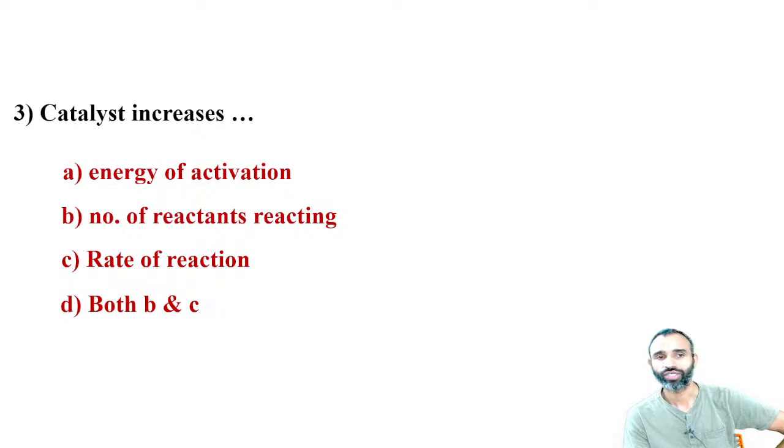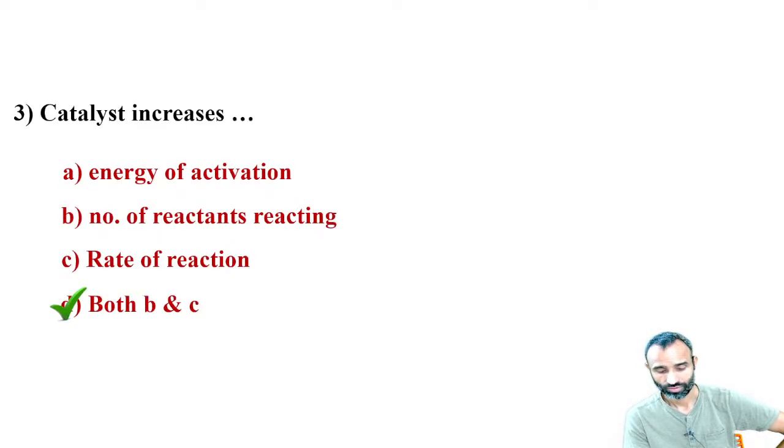Catalyst increases the rate of reaction and the number of reactants that are reacting. Do we count the catalyst as a reactant? Rate of reaction increases because of decrease in activation energy, right?